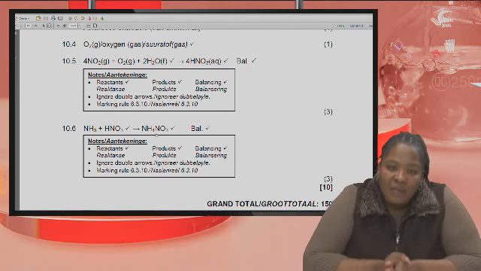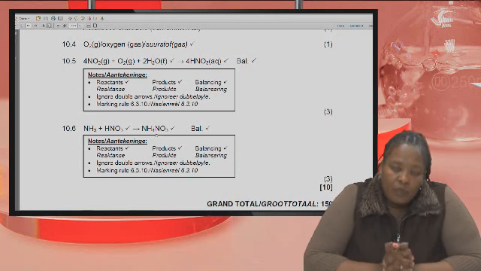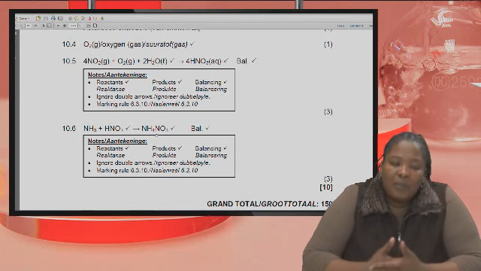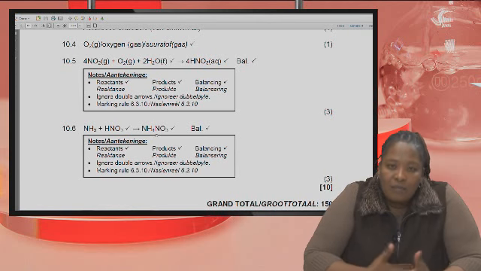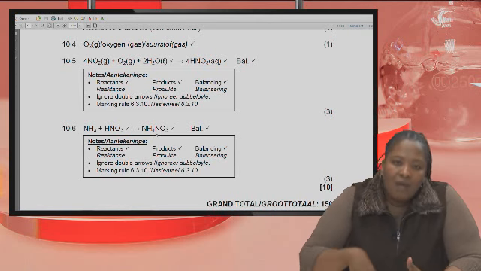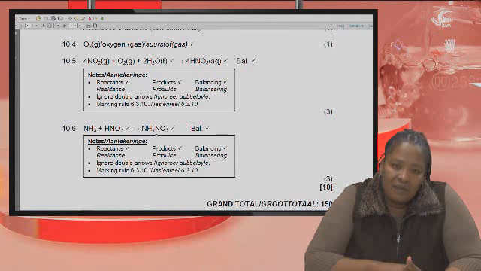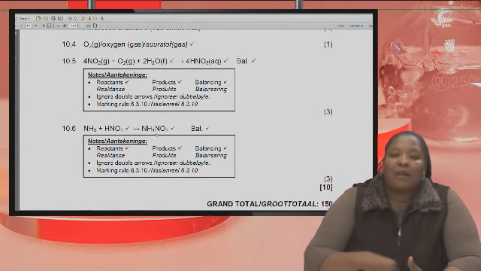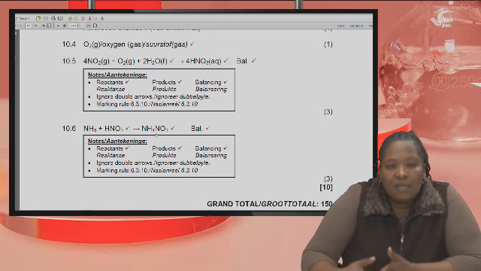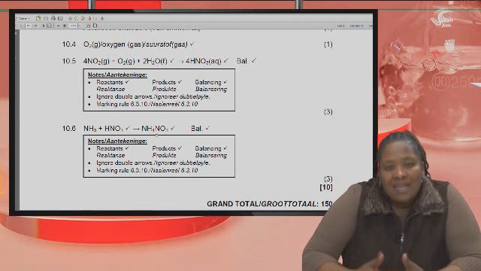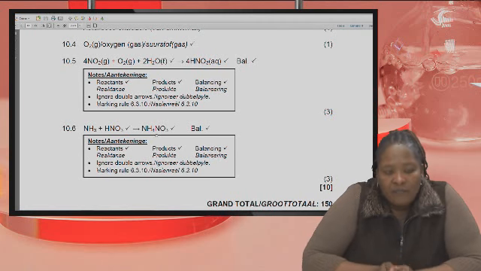Where there is negative marking, ensure that you penalize accordingly. And please emphasize to them that the marks in most cases are on the reason more than on the answer. And for you to be able to mark the reason, the answer must be there first and must be correct. So the learners, before they go to the reasons, they must ensure that they answer the question first.